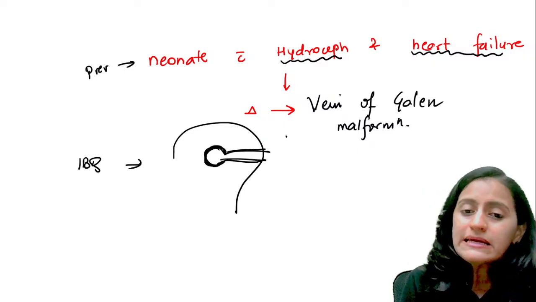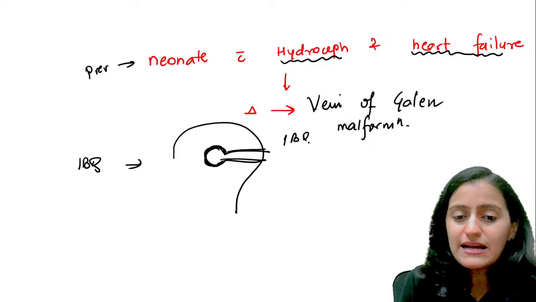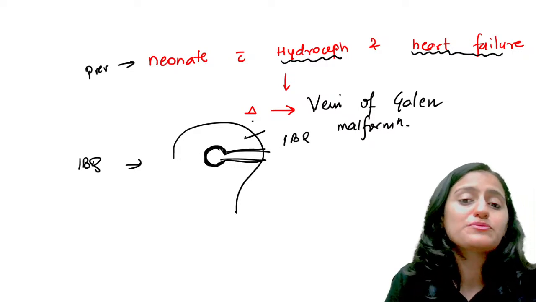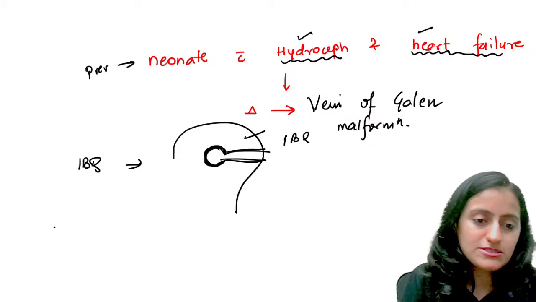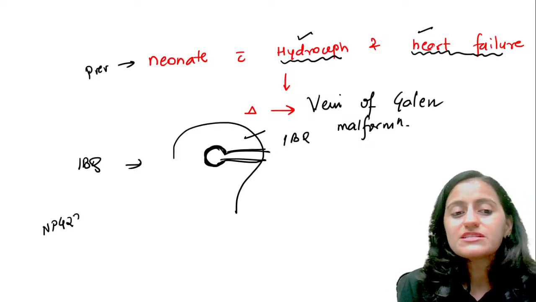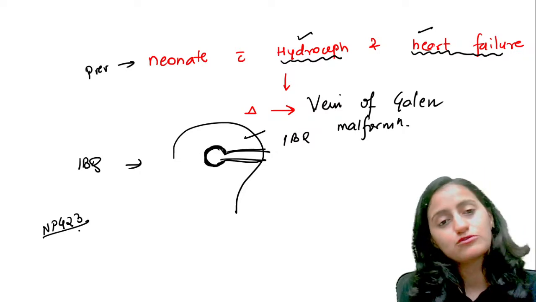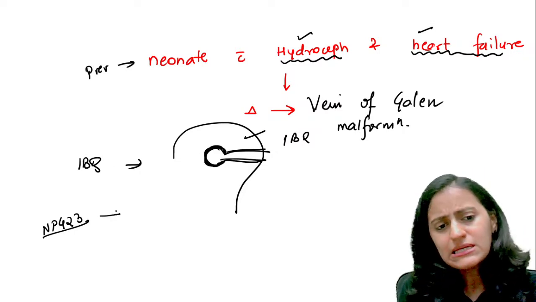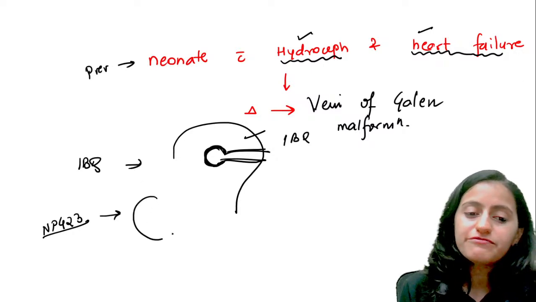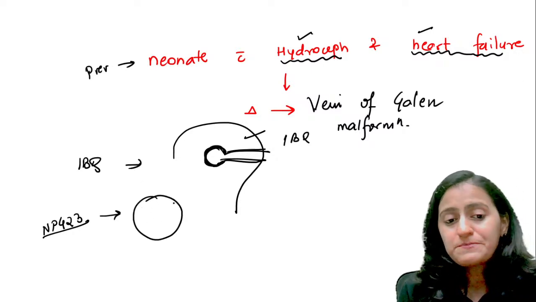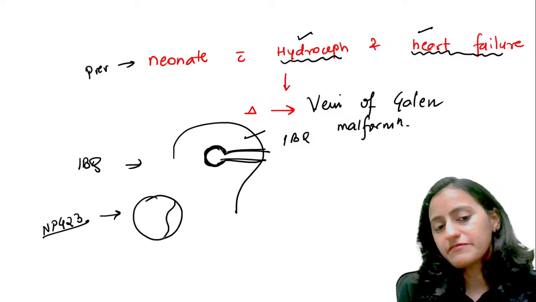Okay, so this is an example of a question where even if you're not able to identify the image, the history should help you in making the diagnosis. Another example where history is very, very important is a question in NEET PG 23, the recent NEET PG exam, where a CT scan image was given and a hemorrhage was shown.